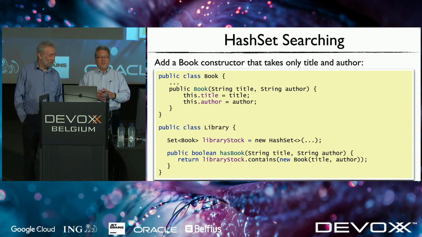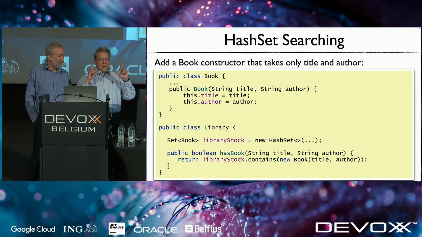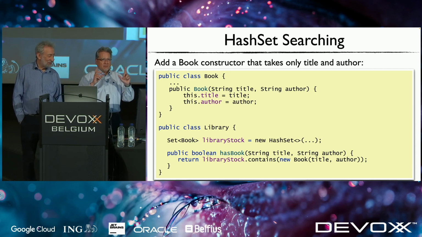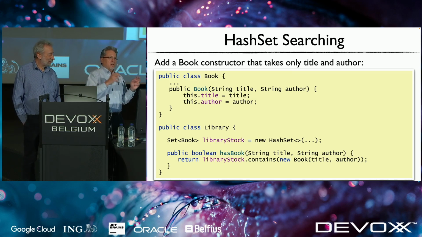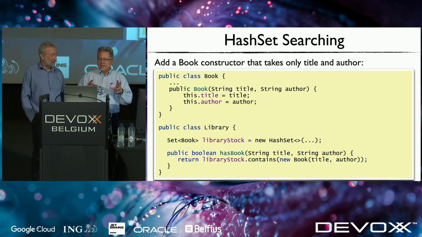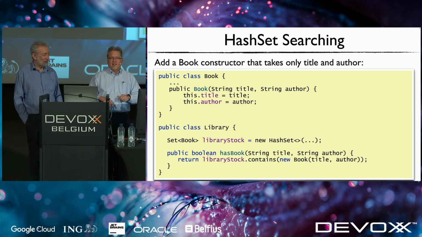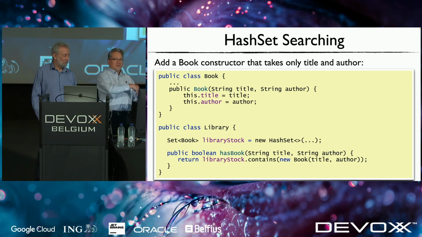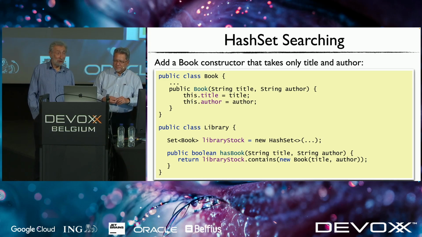We have a set of books, and we want to see if the set contains a book matching the title and author. But since we can only ask the set whether it contains a book, we need to add a new constructor for a book that takes only the title and author. And it just ignores the other fields. Seemed all right to me.